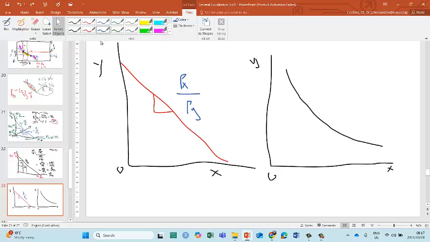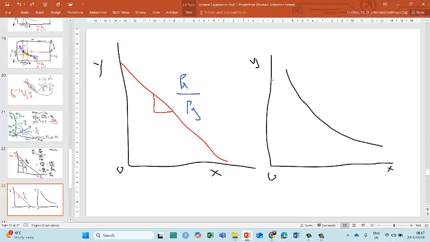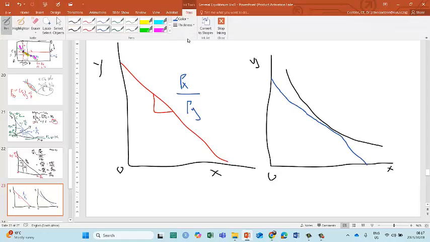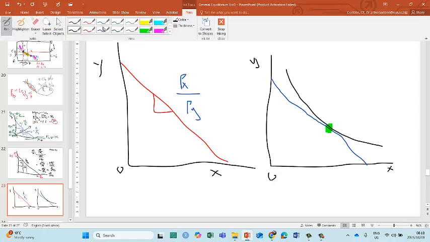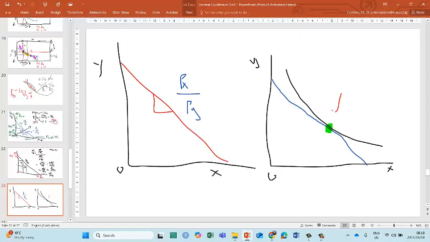It just becomes a tangent. Okay, so let's say this point. That's the best I can do. Sorry, but that's the best I can do with these bloody pens.